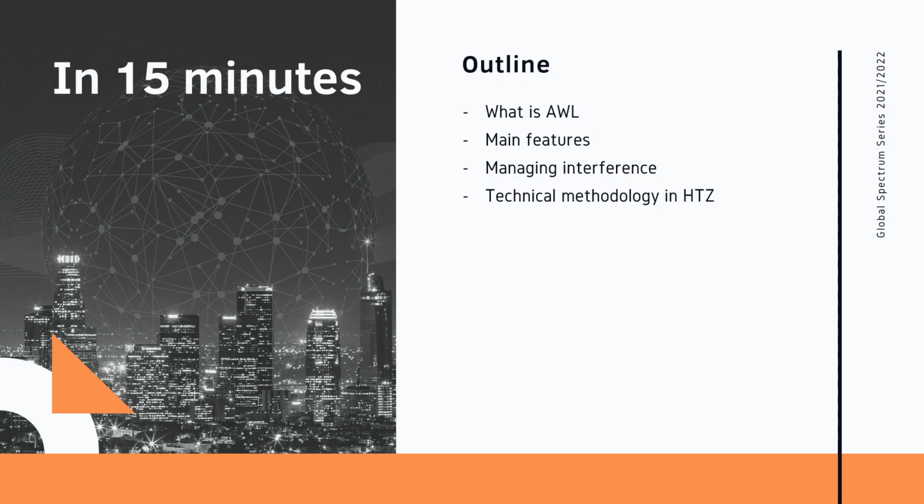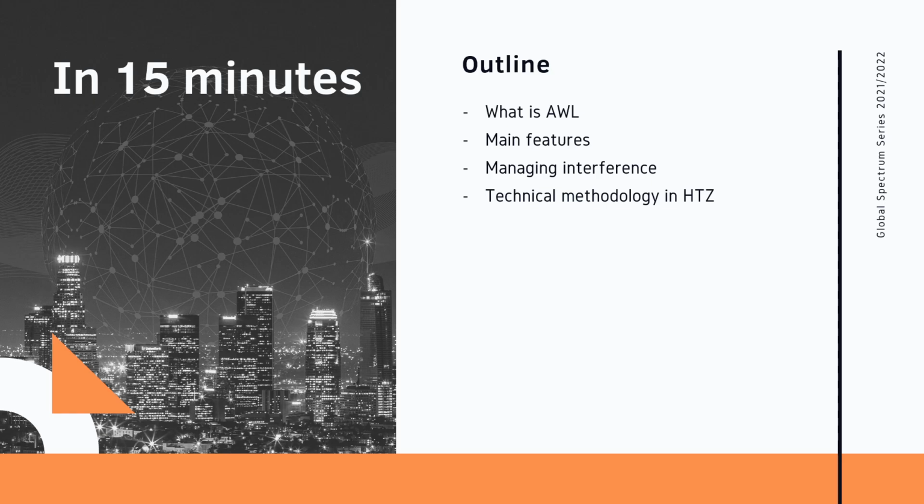Alright, this session is only 15 minutes long, so I kept the outline to the minimal. First, we shall define the AWL license type and talk about its main highlights and features. Then I will be discussing the methodology to manage interference in AWLs and take the modeling to a simulation environment, with tools such as HTZ Communications, to demonstrate practical use cases on how to compute the AWL area.